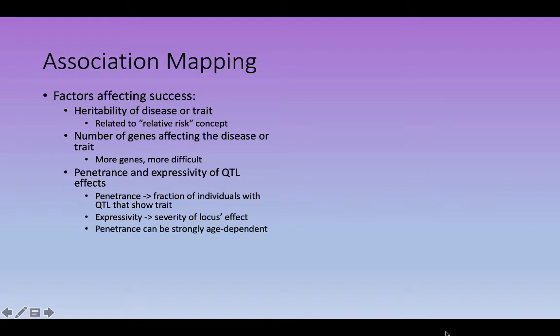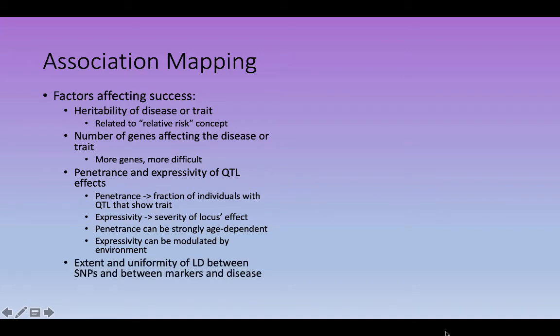One of the things that we know is that penetrance is sometimes difficult to measure because it can be strongly age dependent. So you may be more prone to a disease as you get older. Schizophrenia might be an example of a disease like this, right? And expressivity tends to be more indicative of things that happen in the environment, so it can be highly modulated by the environment.